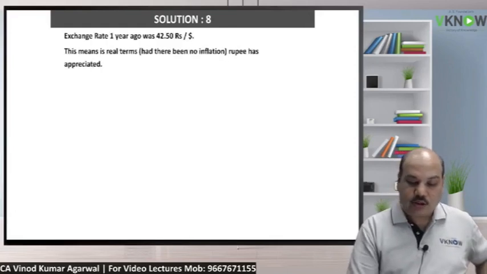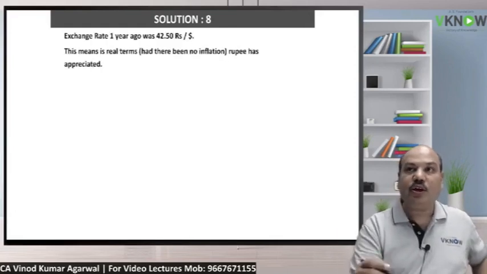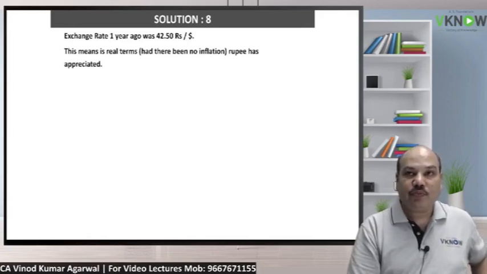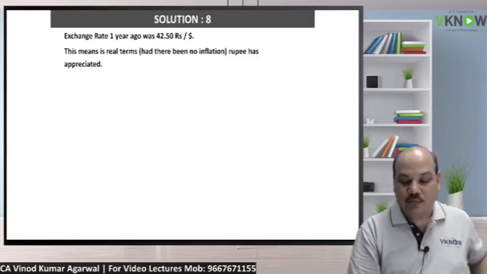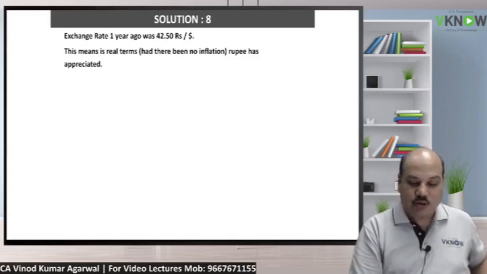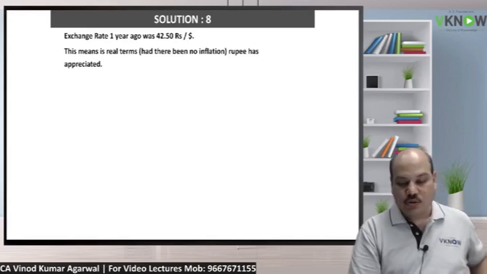Next line, write down neatly. You have to remember and present it in the exam also. Today you will write it down, tomorrow you will revise and then appear for the exam. Notes are very important. If you write in your own handwriting, it is always useful. Next line: exchange rate 1 year ago was rupees 42.50 per dollar.